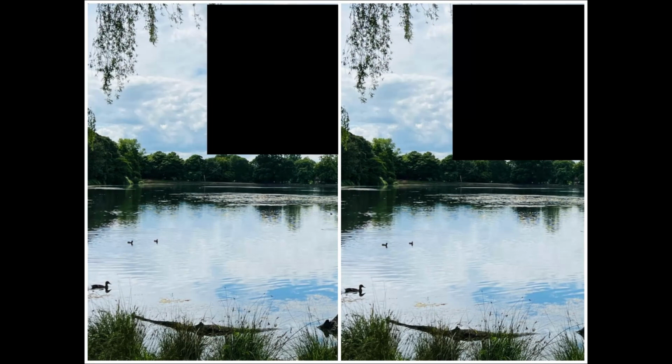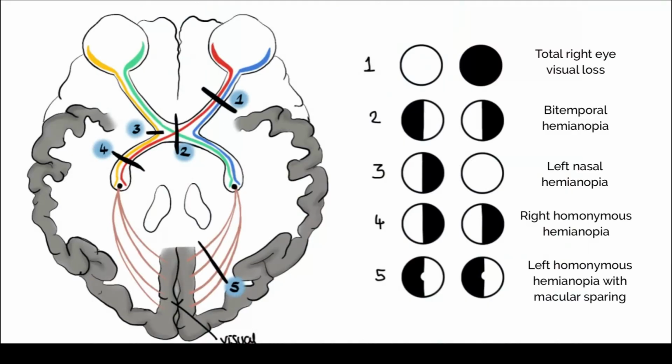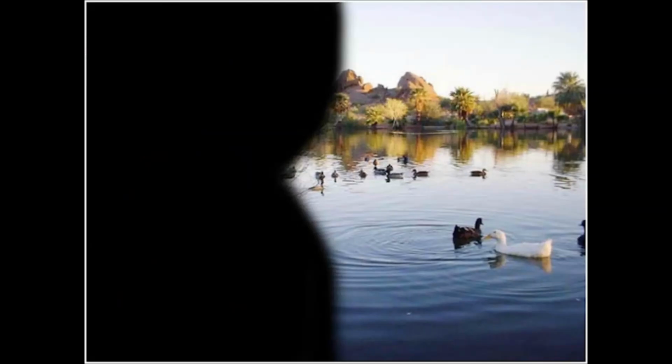And now we will discuss visual field defects when a lesion is affecting the occipital cortex. If the visual cortex in the occipital lobe is affected, we get a similar homonymous hemianopia, but this time there is macular sparing. The macula is spared.